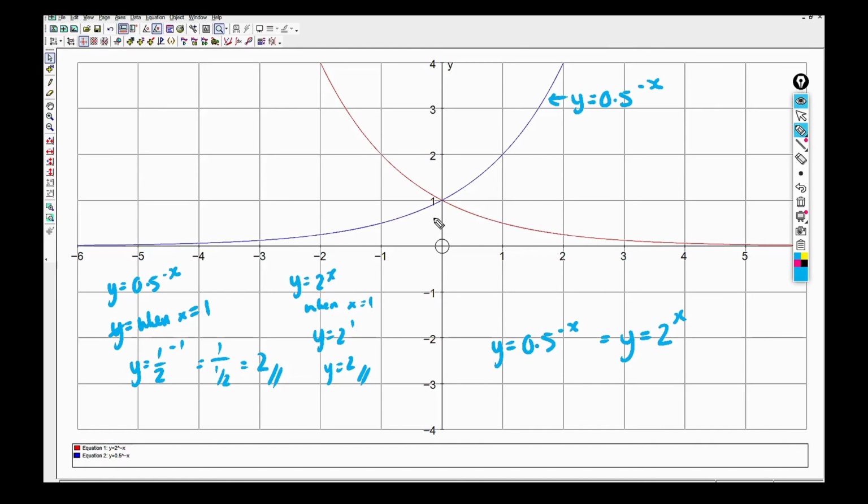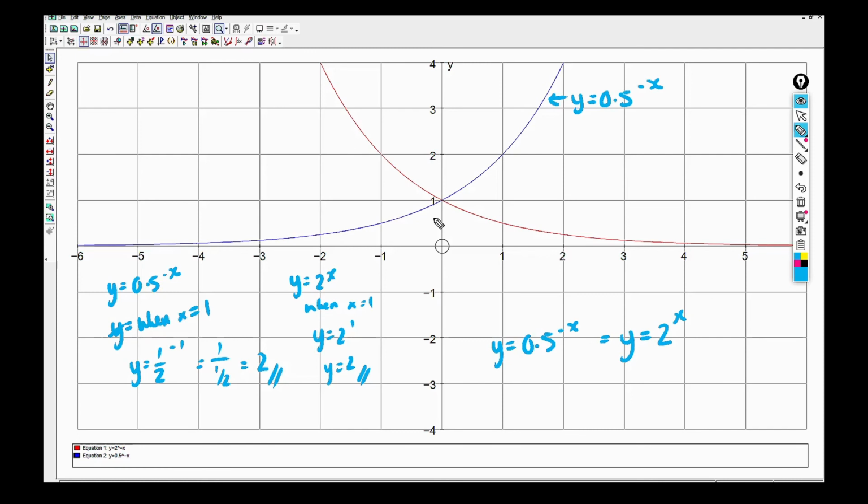Now we'll have some practice questions in the description below for you to practice sketching, and I'll also include the answers to what your graph should look like. However, you can always go on to some graphical software. There are some really good ones free on the internet, or if you've got access to a graphic calculator, whether at home or at school, just mess around with different graphs, change the variables, change the base numbers, start adding things to powers, start adding things to the equation.